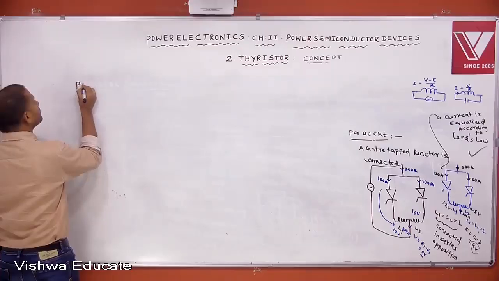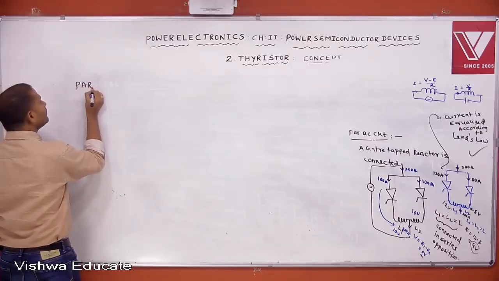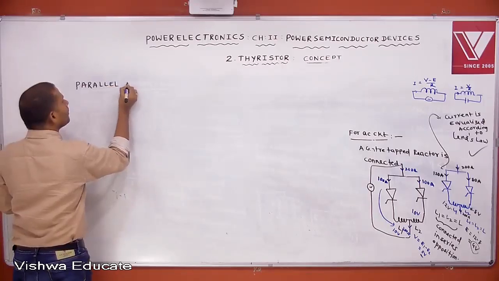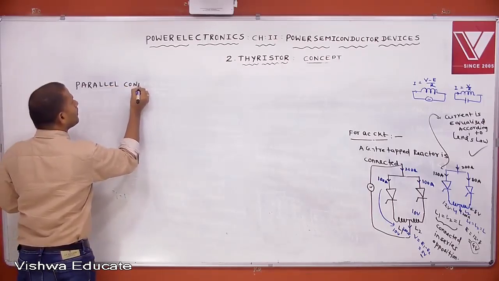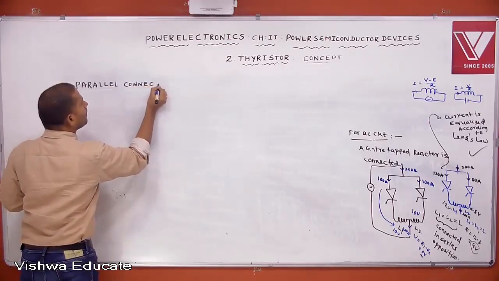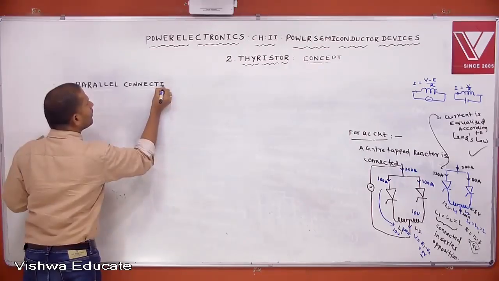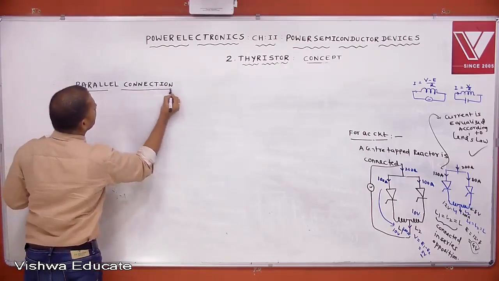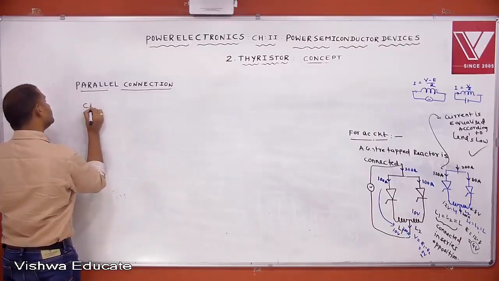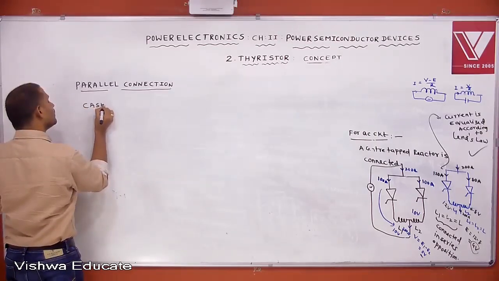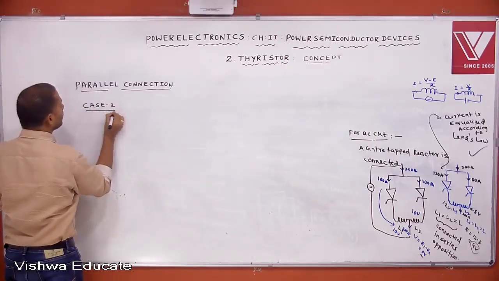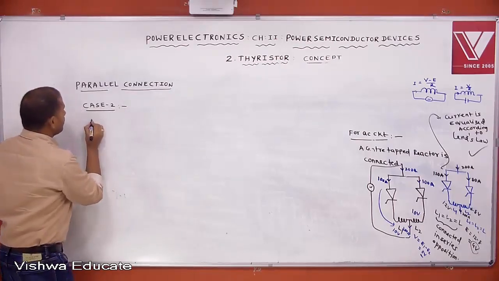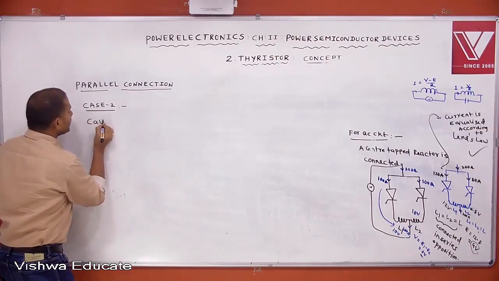Concentrate on this one. This is the parallel connection itself. This is case 2. Cause: what is the cause for unequal current sharing?